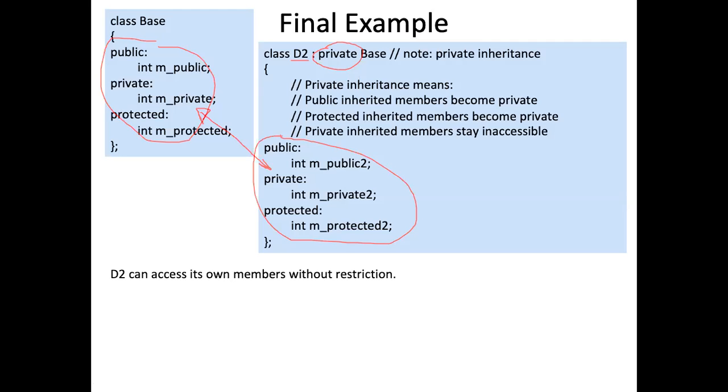D2, which is the derived class, can access its own member without restriction. वो अपने members को कर सकते हैं, private members को through function अपने वो कर सकते हैं. वो public है.